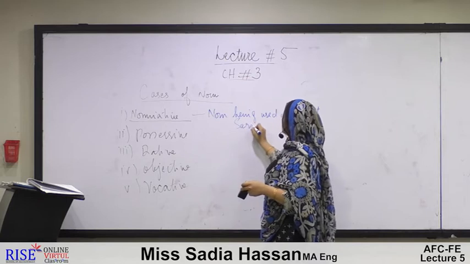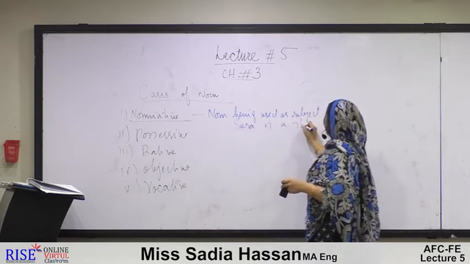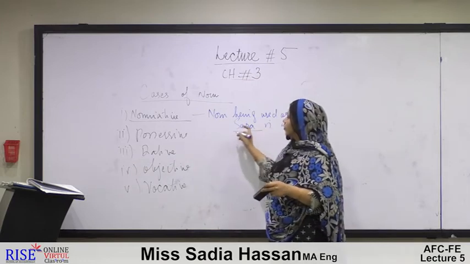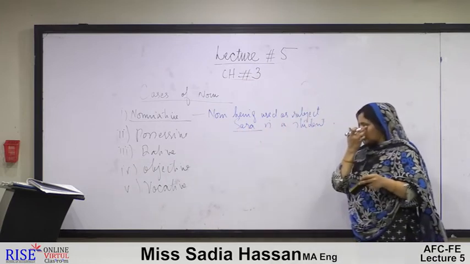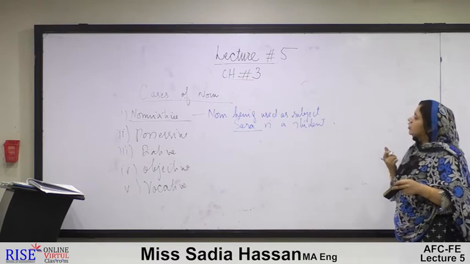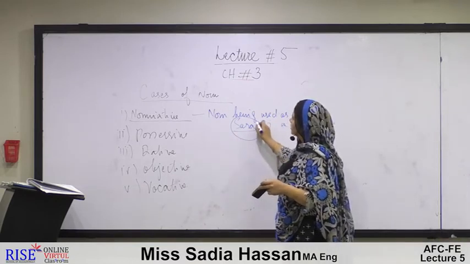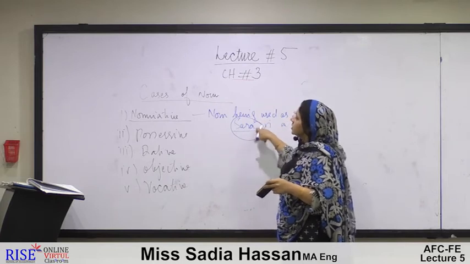Sarah is a student. Here in this sentence, Sarah is a proper noun. But if we talk about the case of the noun, that is called nominative case. Why? Because Sarah is being used as a subject.